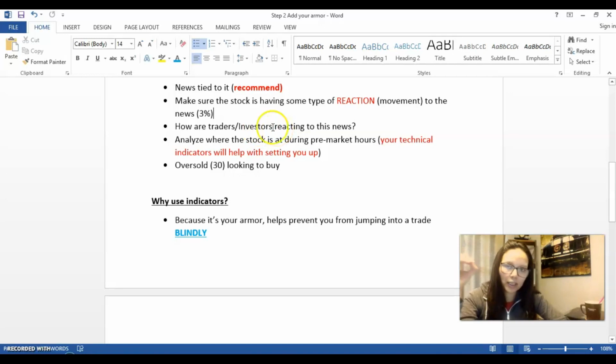So this movement, the percentage, will tell you up or down, you know, up 3%, down 3%, whatever. It's going to let you know how traders are reacting to it, okay? So analyze where the stock is at during pre-market hours. So your technical indicators will help you with your setup, so you know exactly where to enter and exit, okay?